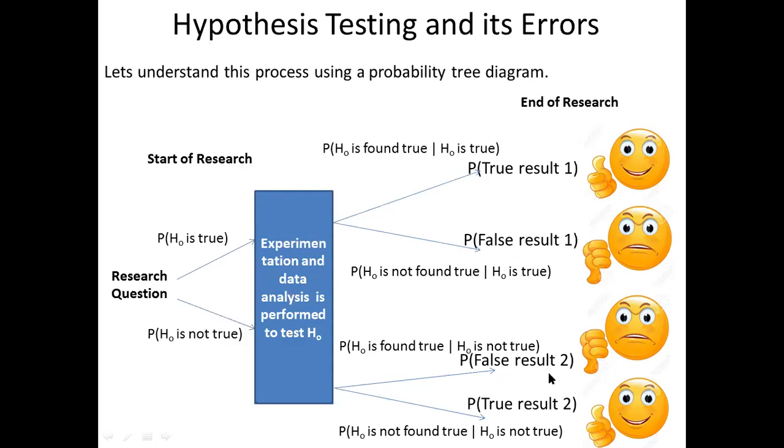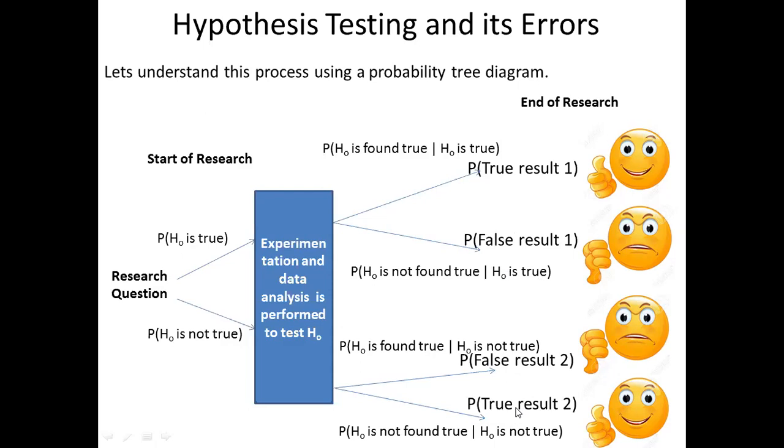There are certain other nomenclatures that we use for these probabilities. The probability of true result one is also called the probability of TP, true positive, and the probability of true result 2 is also called the probability of true negative, right? It's a nomenclature that we use as PTN. Like for true positive, we use PTP, and its probability should be higher as compared to its corresponding error.